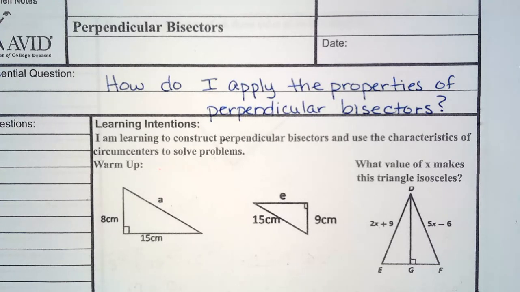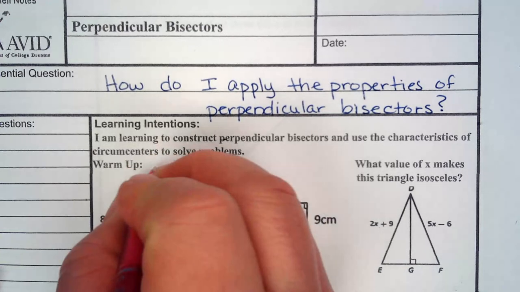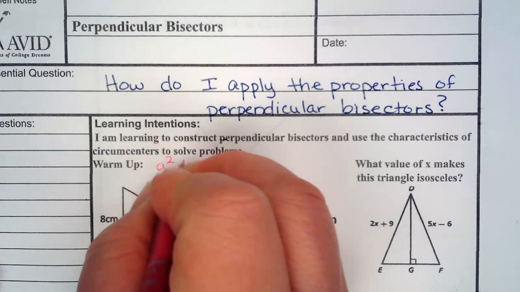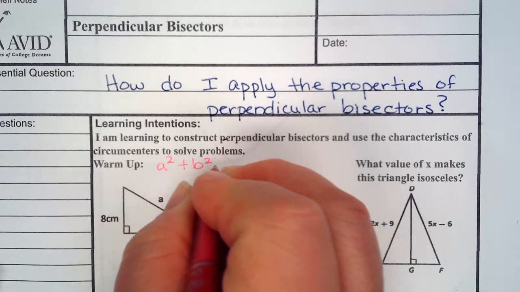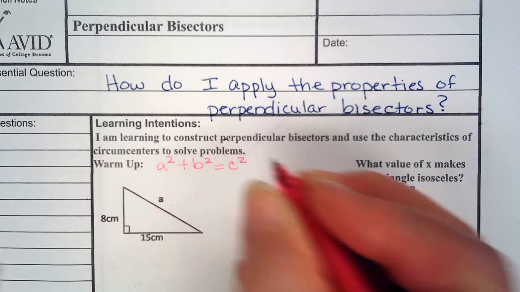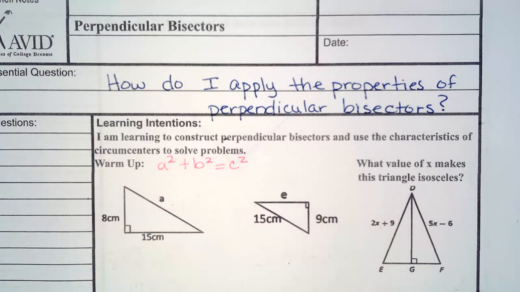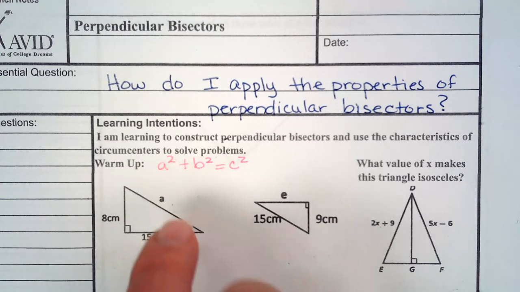I hope you tried. You'll never know how much you're understanding if you don't try the warm-up questions on your own. So if we're looking at the Pythagorean theorem, a squared plus b squared equals c squared. So we know a and b on this triangle, and we're looking for c.